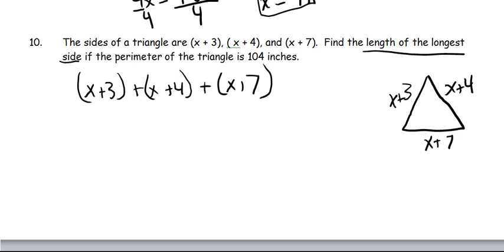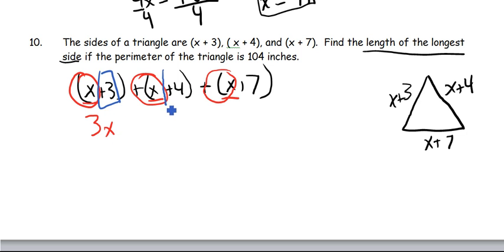When we add up all of our x's, x, x, and x, okay, we get 3x. And then when we go for our constants, positive 3 plus positive 4 plus 7 is positive 14.